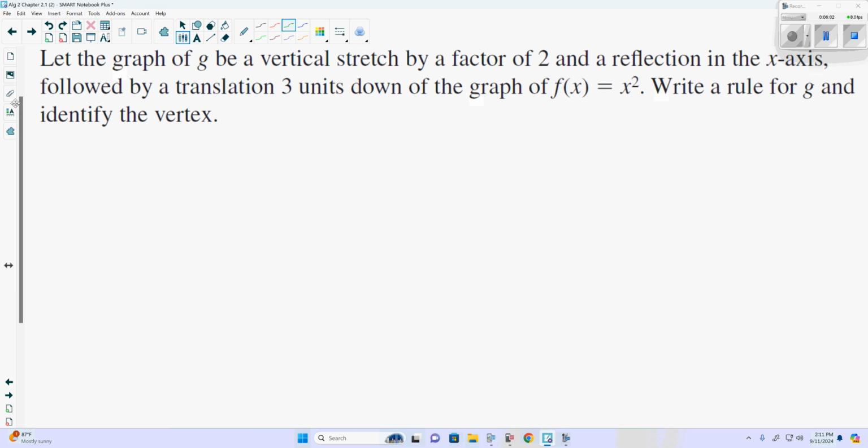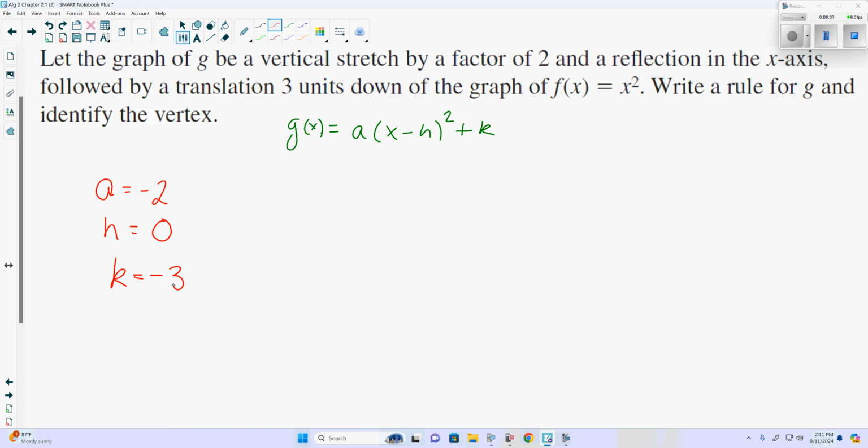Now here, as they gave us a minute ago, this was the formula they gave us. And a was our, if there's a reflection across the x-axis, we have the negative, and the vertical stretch or shrink. We do have a reflection across the x-axis, so the value of a will be negative, and it would be negative 2. h, there is no movement left or right, so h is technically 0.